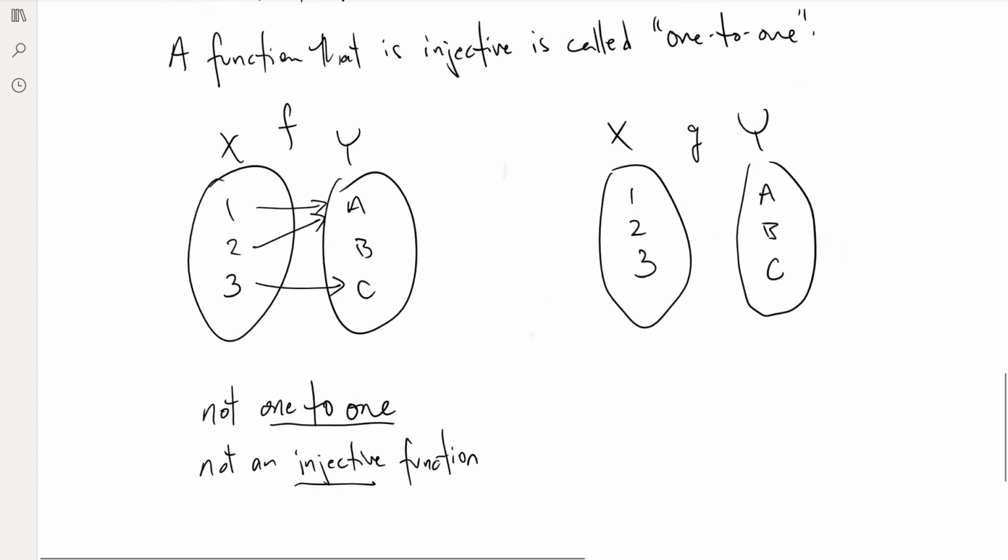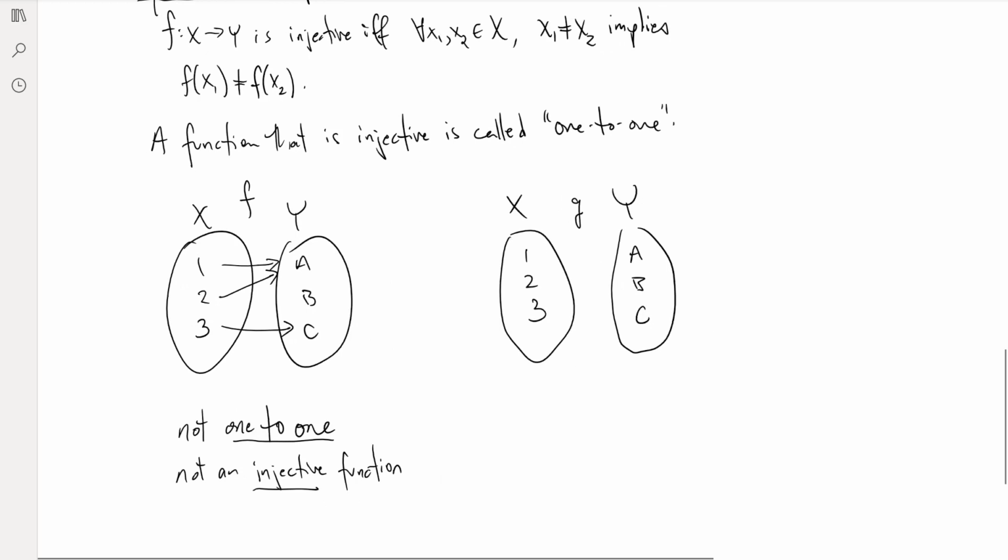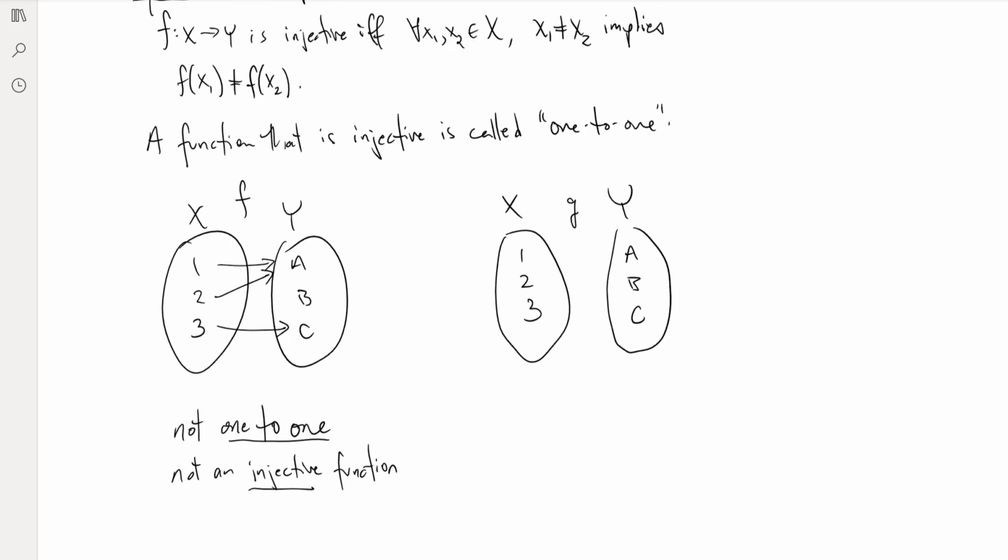Looking back at that definition, if you pick different values in the domain, you have to have different outputs, and that's not the case. x1 could be 1, x2 could be 2, and they are different, but they produce the same output, a, and therefore don't satisfy the condition of being an injective function.